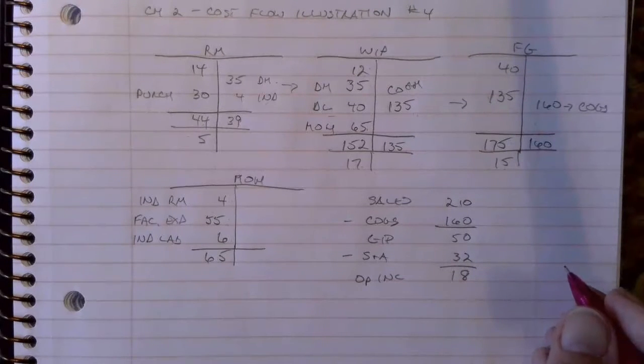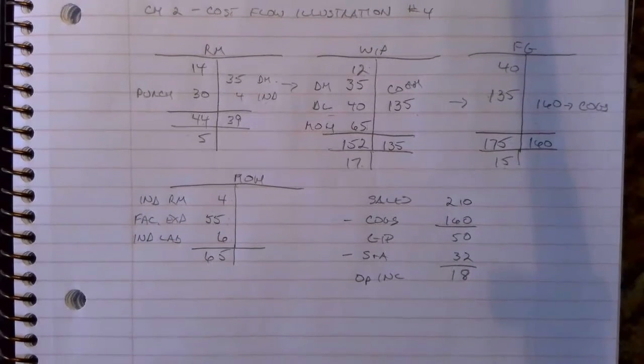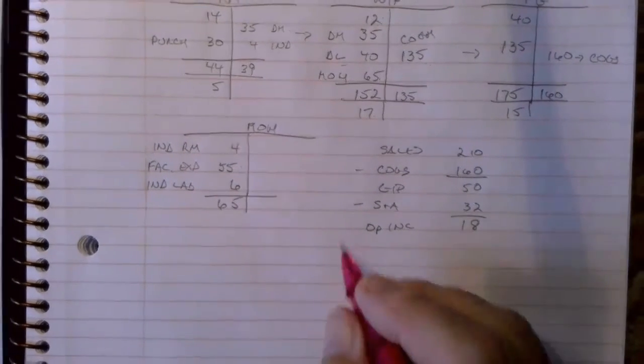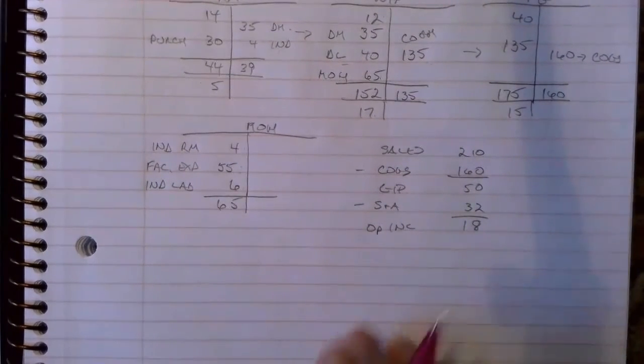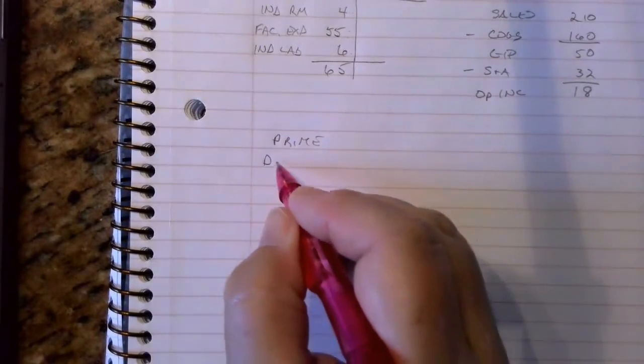Okay, so now let's answer these questions. Let's figure out prime and conversion cost too. So prime, I'll move this up a little bit. See if it focuses. Prime. Prime cost would be direct material.